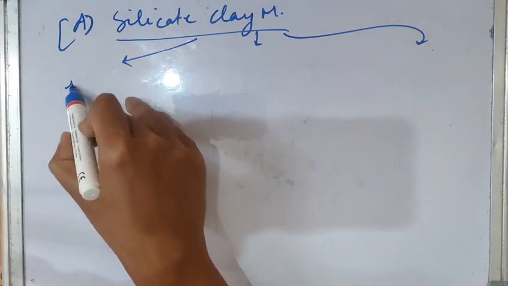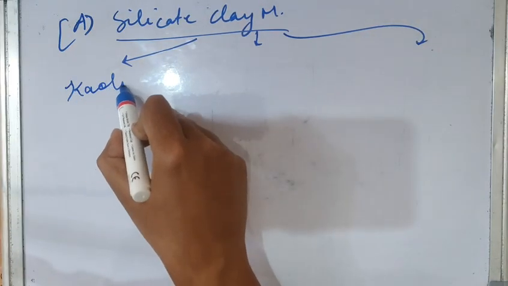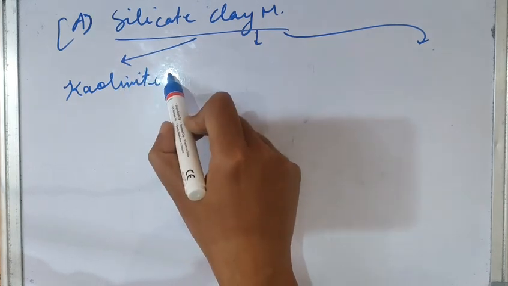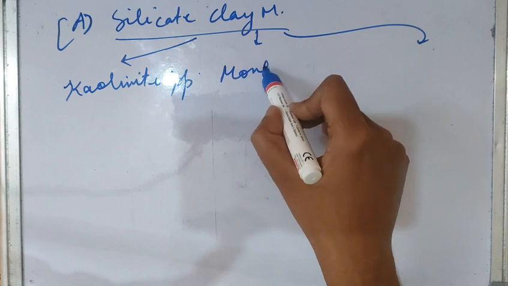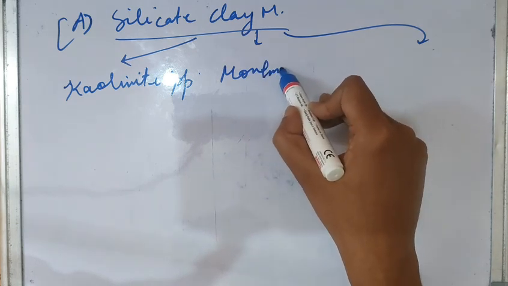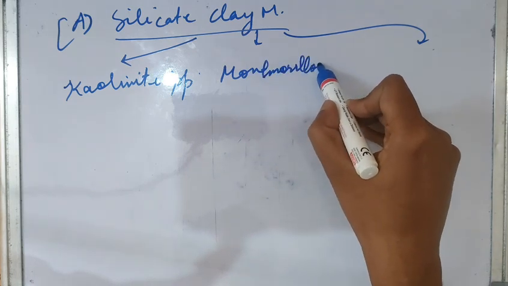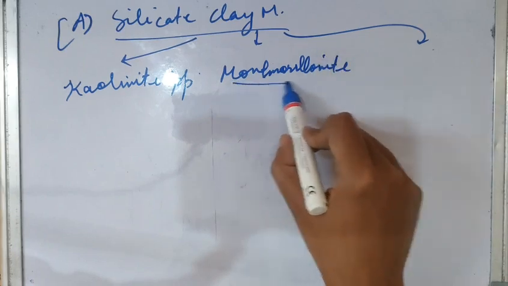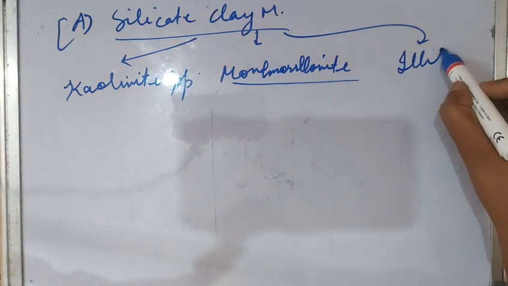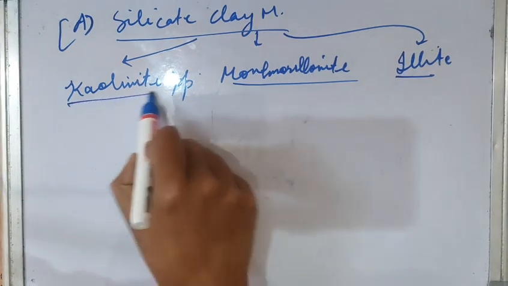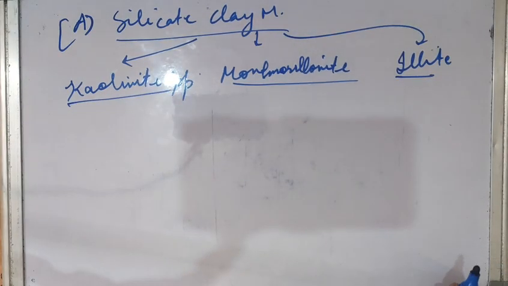First one is kaolinite group. Second group is montmorillonite group, and third group is illite group. These are the three groups of silicate clay minerals.